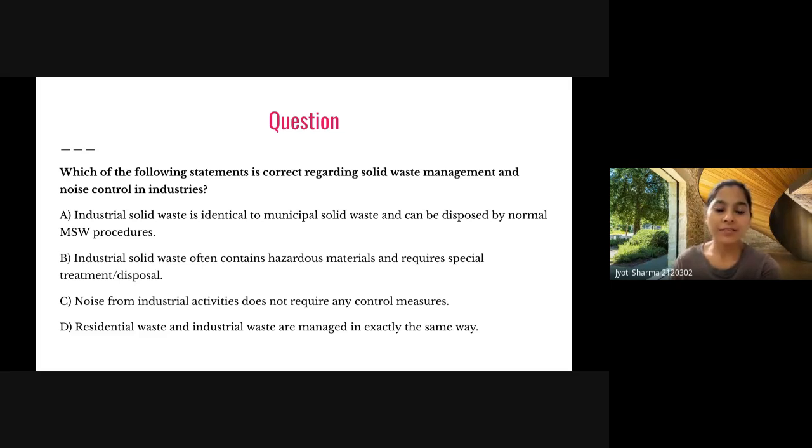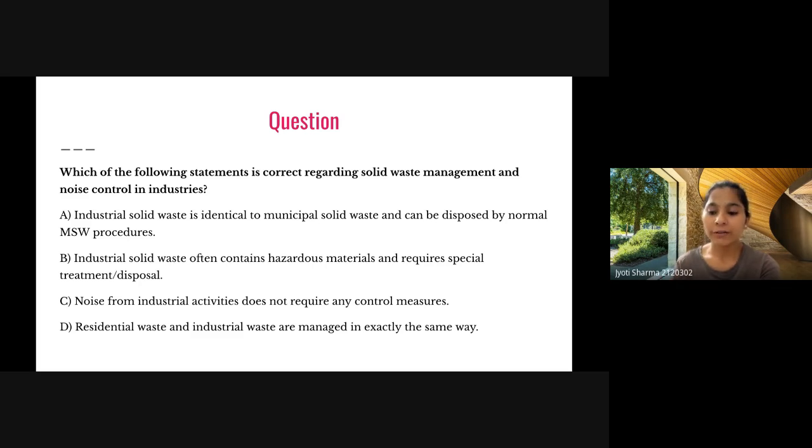Industrial solid waste is identical to municipal solid waste and can be disposed of by normal MSW procedures. Solid waste often contains hazardous material and requires special treatment and disposal. Noise from industrial activities does not require any control measure. Residential waste and industrial waste are managed in exactly the same way. I think these options are very easy, in which you can find the odd one out, right?